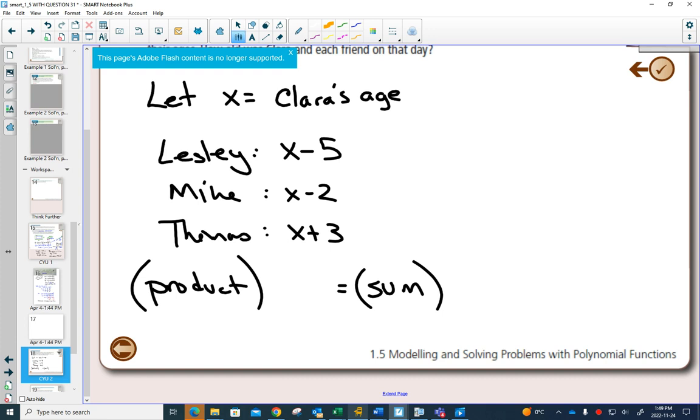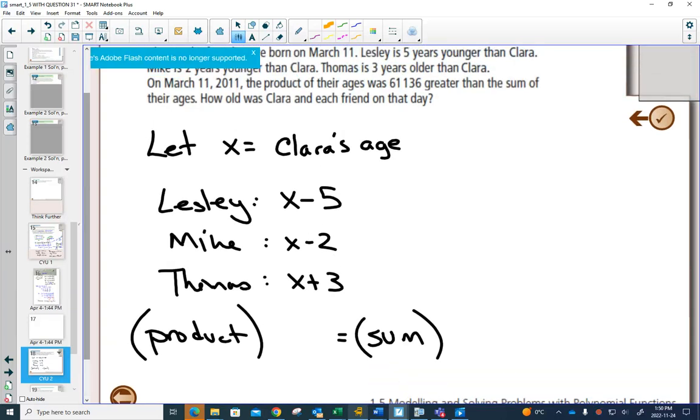Which one's bigger? The product is bigger. So if I wanted to make them equal, I have to figure out where I'm going to put that 61,136. I would have to add it to this side. And we've written out the equation in words so that it makes sense to us.